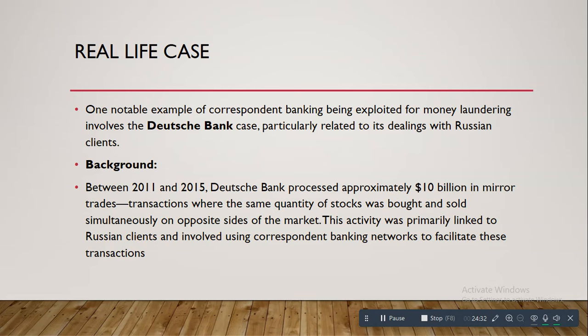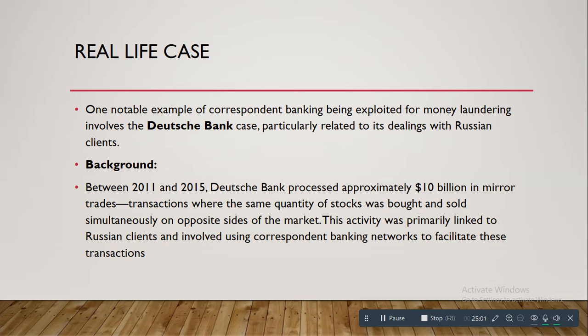Here, Deutsche Bank was involved between 2011 and 2015 in about $10 billion of mirror trades. Mirror trades are where the same quantity of stocks was bought and sold. They were selling stocks in one of the Moscow branches of Deutsche Bank, and at the same time the same things were done in the London market.